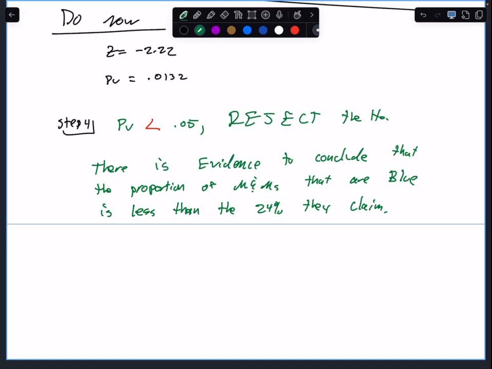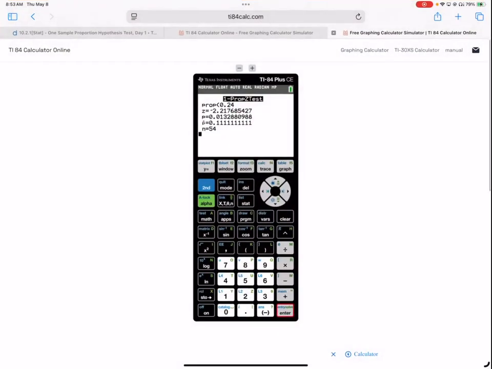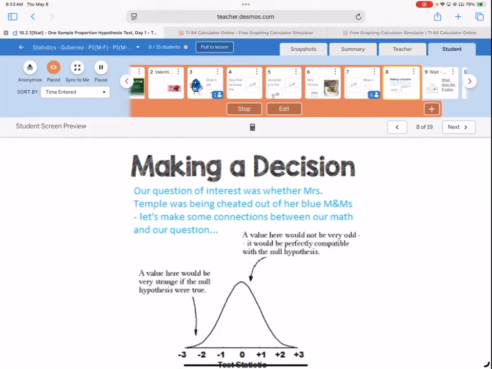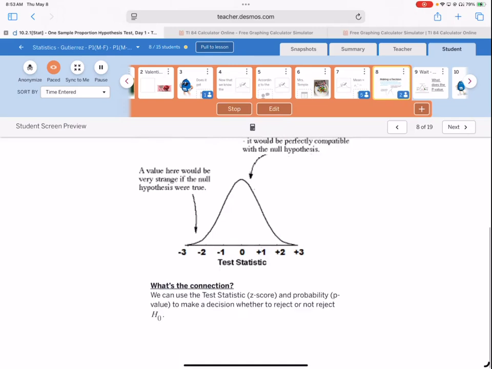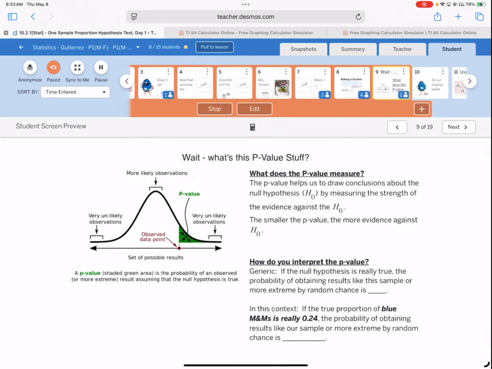And that's the end of the hypothesis test. That's the entirety of it. So that's the end of the notes. Let's go back into the Desmos here. I put a little information here about making the decision, and about what the p-value is actually doing, if you want a little more knowledge about it.